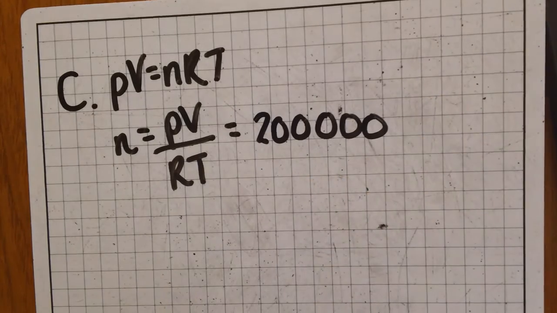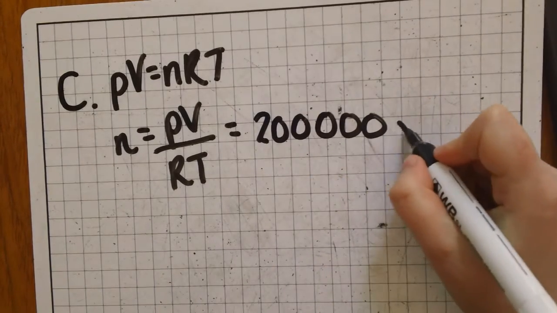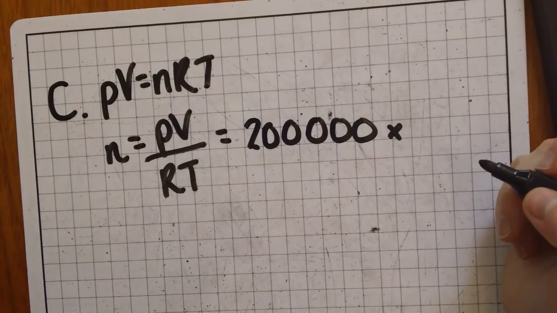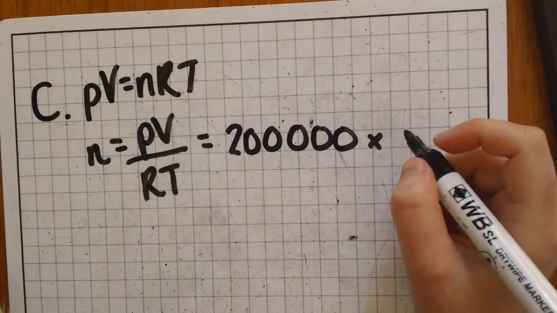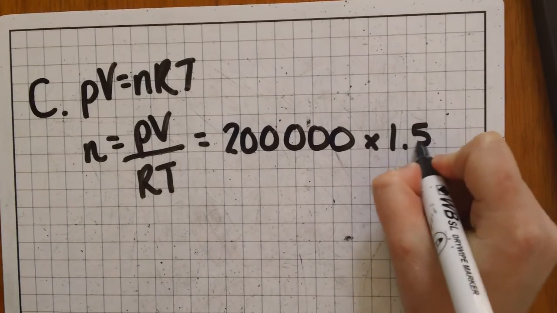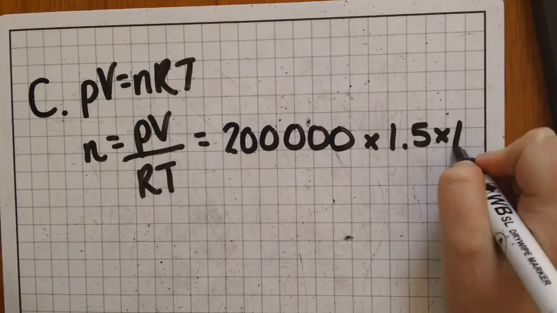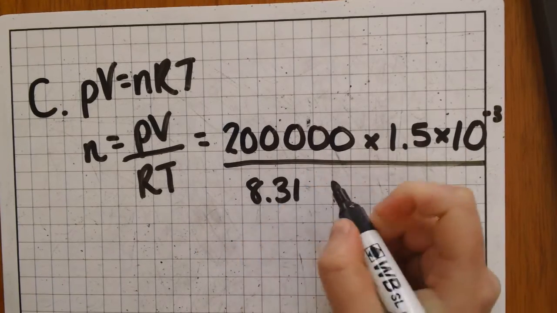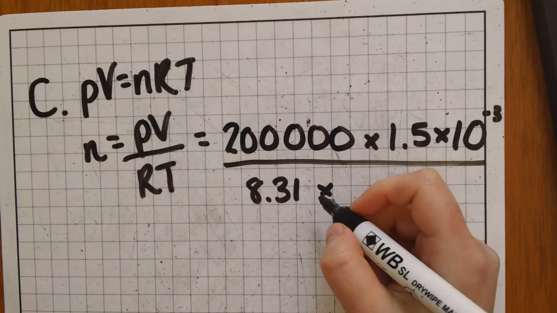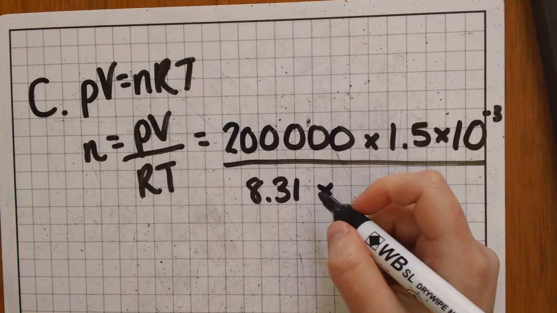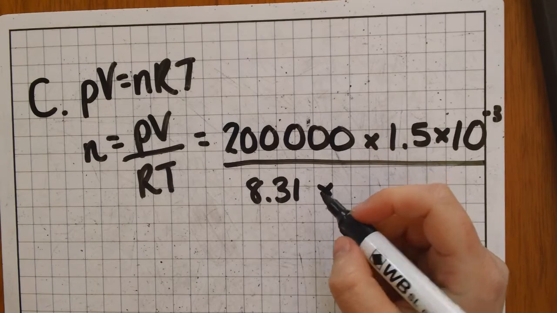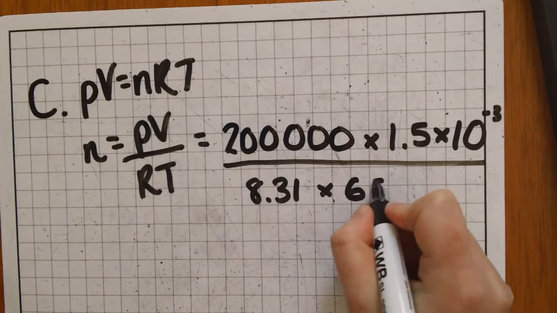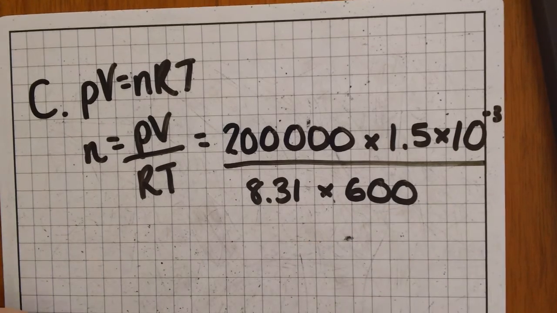with 5 zeros. Times by our volume, which is given to us, but it is in decimeters cubed, and we need that in meters cubed, so we would divide that by 1,000, divided by our 8.31, times by our temperature, which is 327 degrees C, and in Kelvin we need to add 273, so that gives us a temperature of 600.